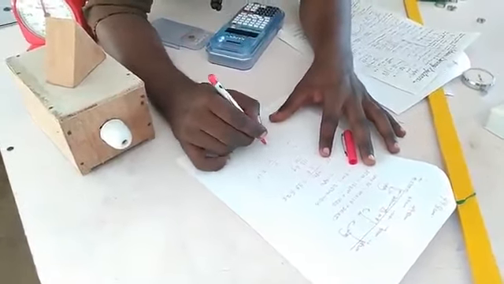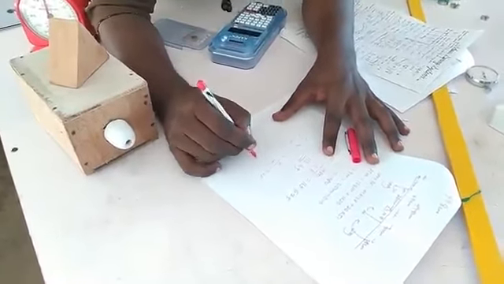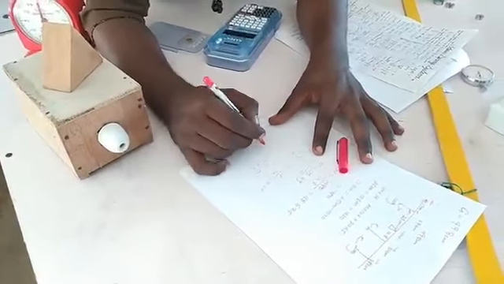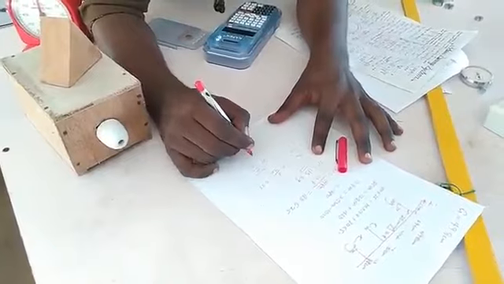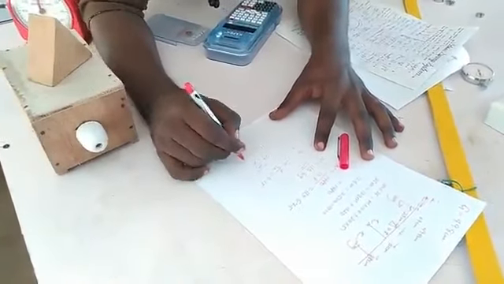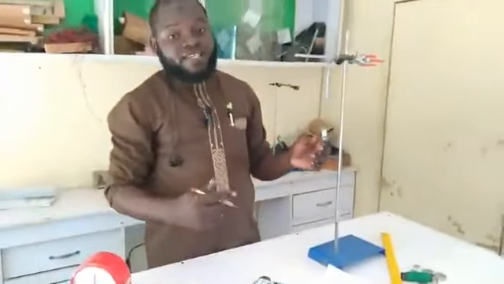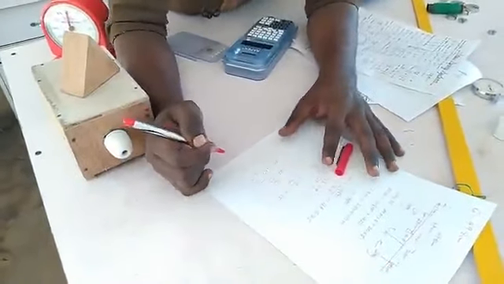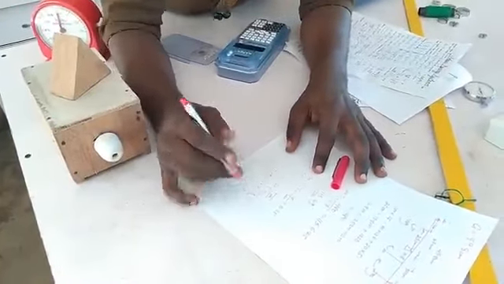So if you have 0.75, what's the next thing to do? The next thing is to come down to this equation, 2 pi the square root of m all over k. So our period is 0.75 equal 2 multiplied by pi, the square root of the mass that I use here, which is 100 grams. Convert this to kilogram, that will be 0.1. So I have 0.1 all over k. Square both sides to remove this square root.